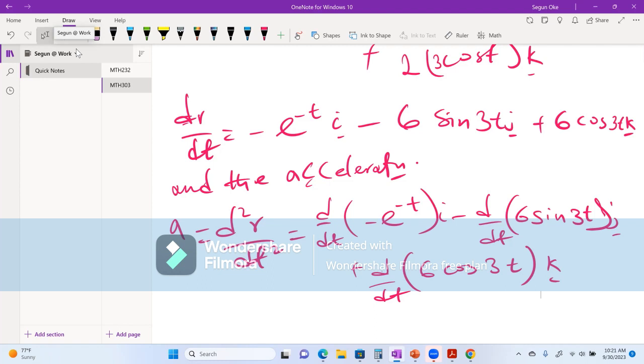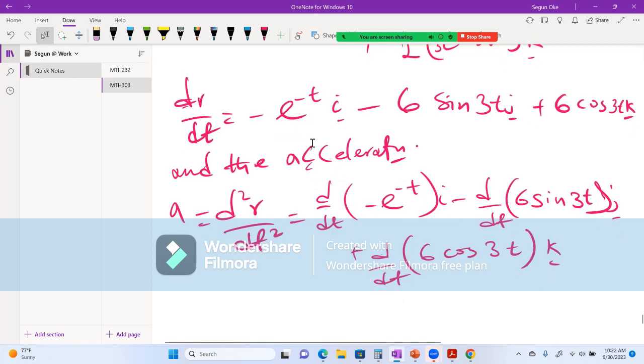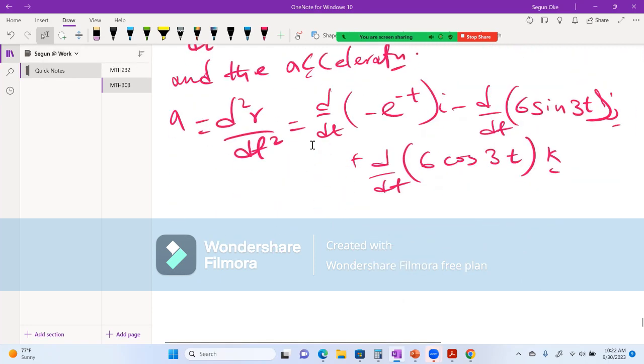I say e raised to the power of minus t i, minus 18 cos 3t j. When you differentiate cos, you have minus sine.